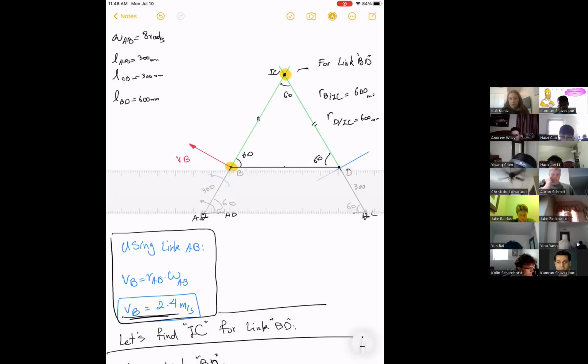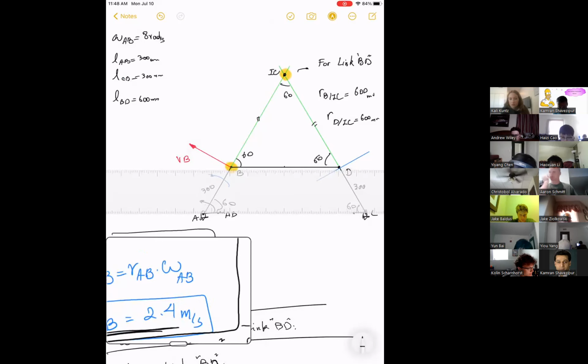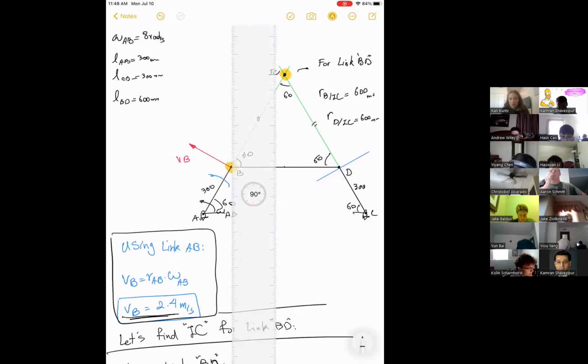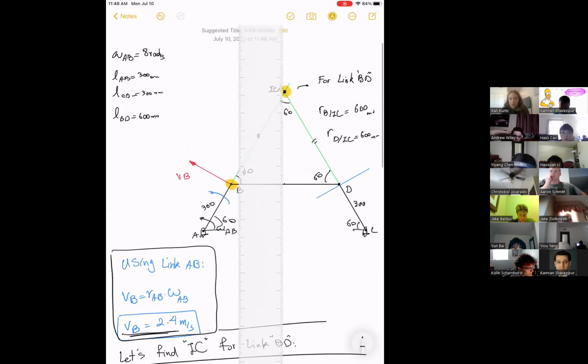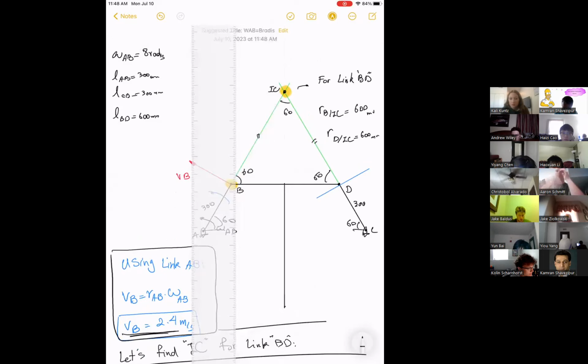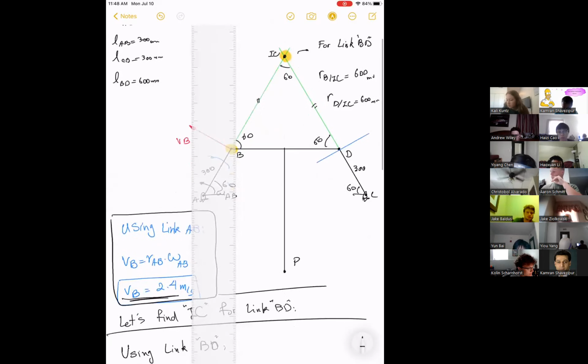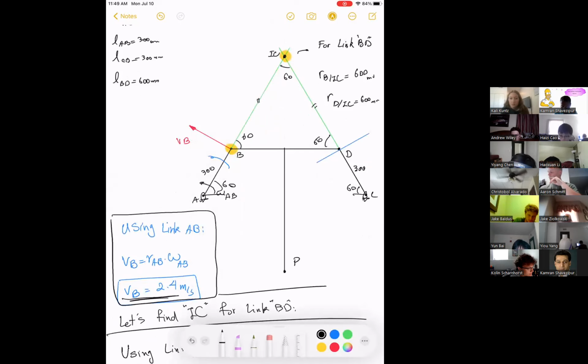And then I think it says 700 millimeters, so I'm going to go down by 700 almost. Okay, and this is point P. The question is how I find velocity of P.